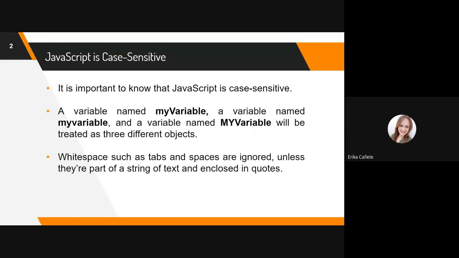And white space, such as tabs and spaces, is ignored, unless it is part of a string of text enclosed in code. So do not forget that. Those are the simple things that usually are not given importance, but are really a relevant part of our JavaScript.